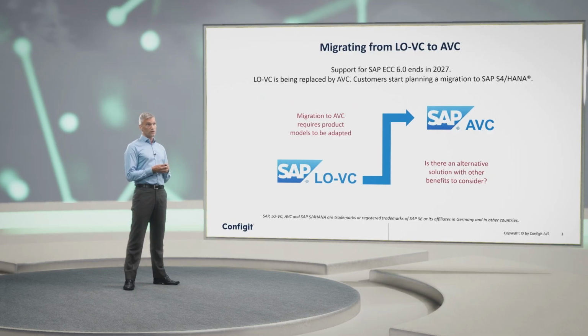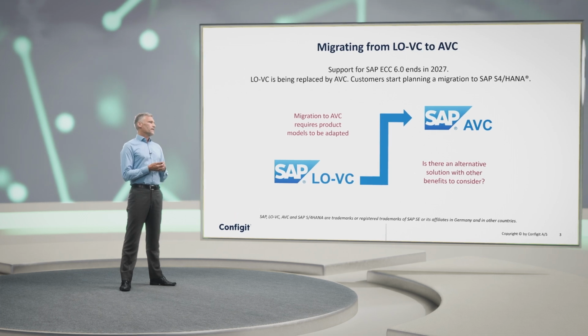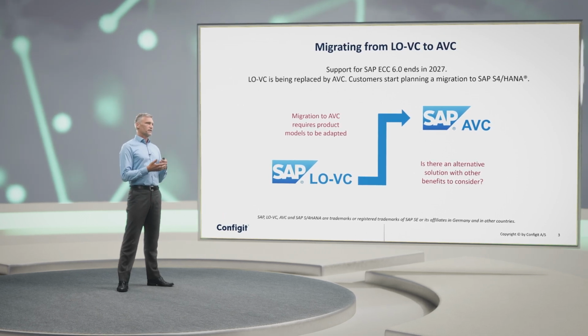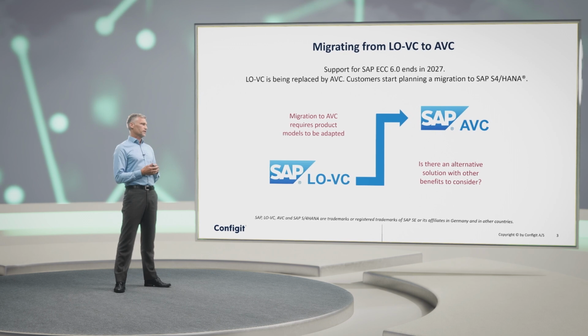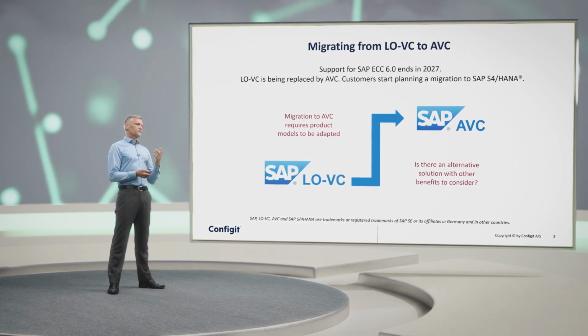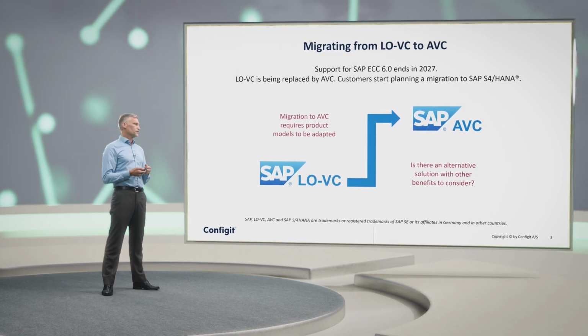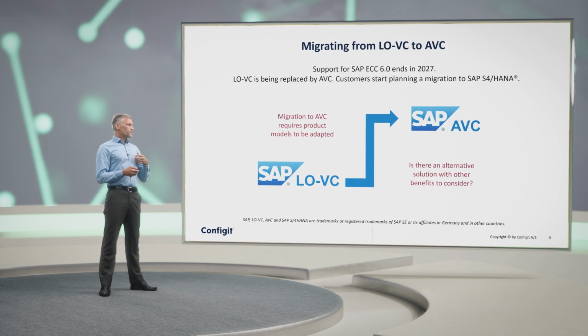The main reason for that is that AVC uses a different configuration engine than the one in ECC. The LO-VC engine and the AVC engine are two different configurators, basically. And thus the migrated models might behave differently when you move them from one version of the configurator to the other.